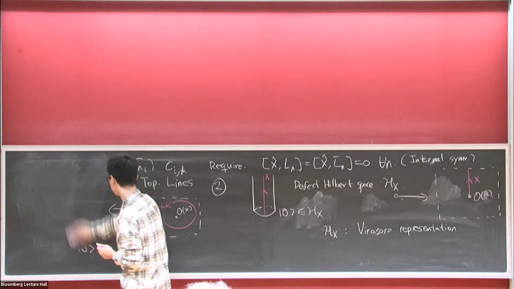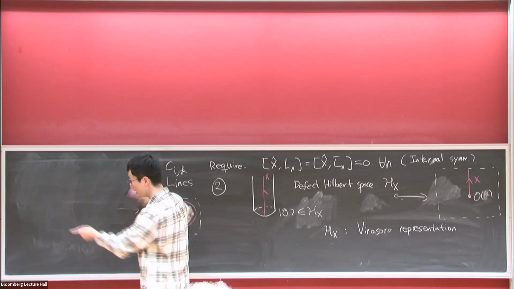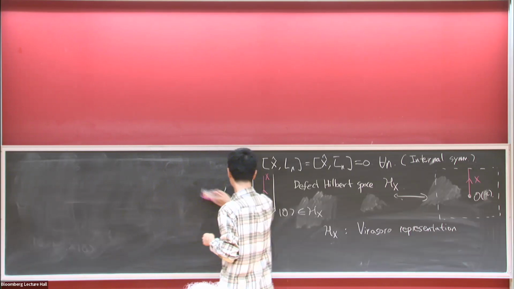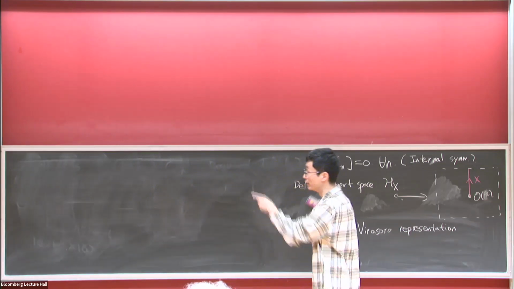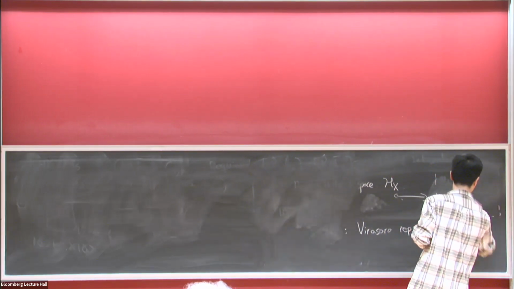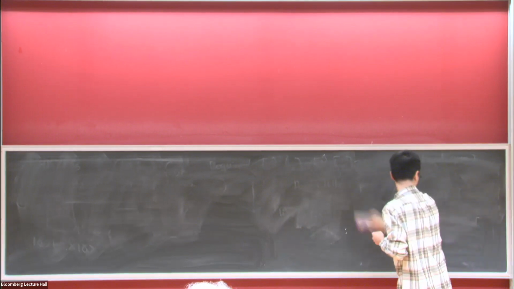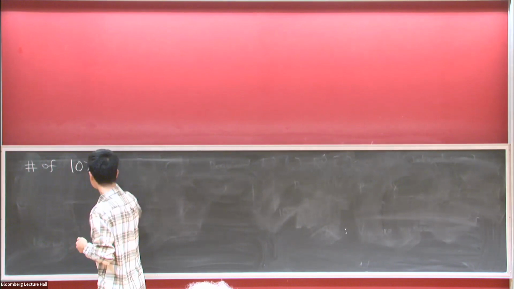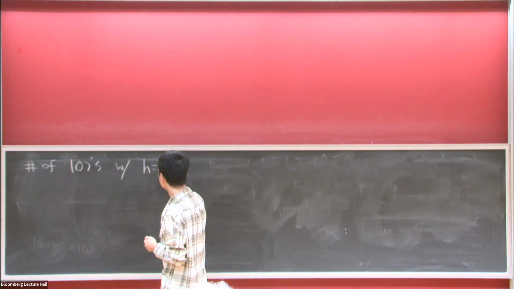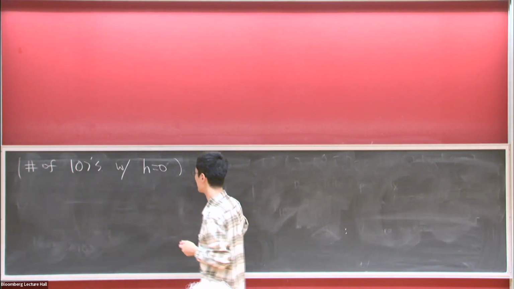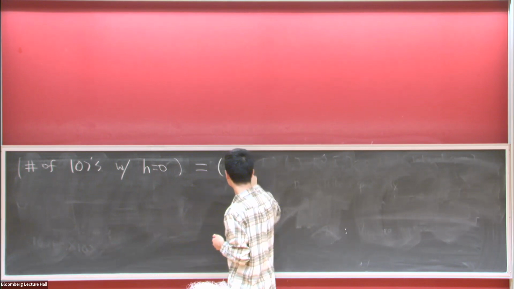The number of linearly independent states that have conformal weight 0 is actually determined by this non-negative integer matrix representation, the NIMrep. We can show that the number of these states with zero conformal weight is equal to this NIMrep coefficient.